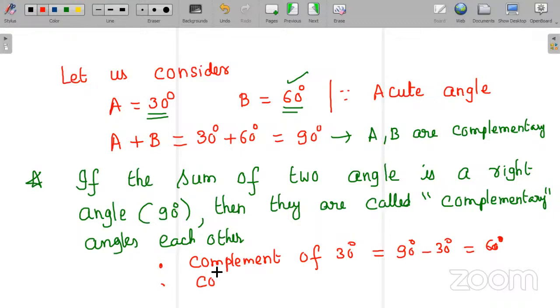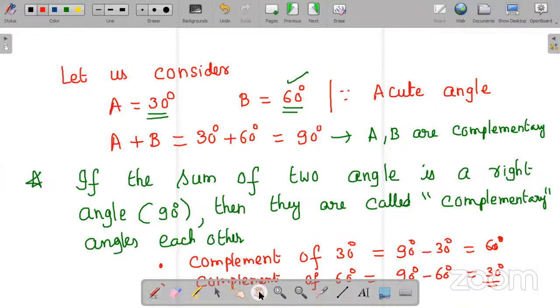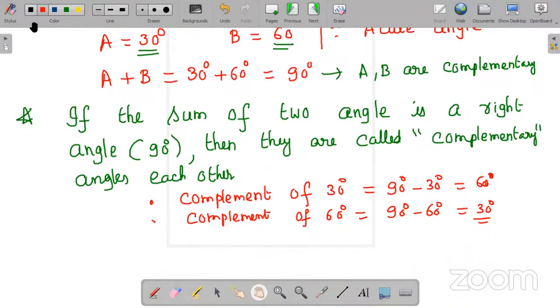Next, the complement of 60 degrees. What is the complement of 60 degrees? That is 90 minus 60. You will get 30. Now, one more interesting point: what is the complement of x degrees?